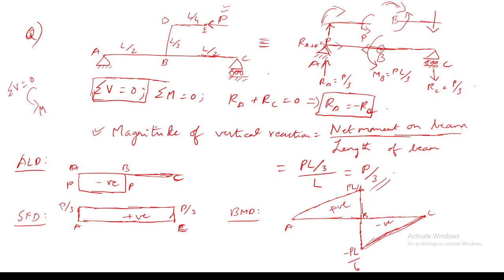If we had a fixed support, then you can't find RAH and RCH very easily. Then you have to go to the compatibility conditions. You have to find the delta L of this beam equal to 0, and based on the compatibility condition you have to find the value of the horizontal reactions. Got what I said, right?